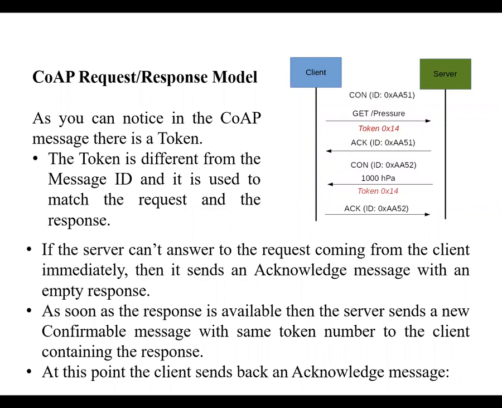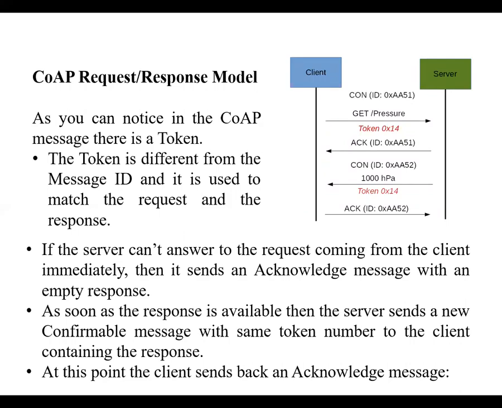So the client needs a pressure value, and the client sends a message. The message ID is A8851, and the message type shows that this message must be acknowledged. So there you can see a keyword CON. And there's another entity that is token. Token number is hexadecimal 14.